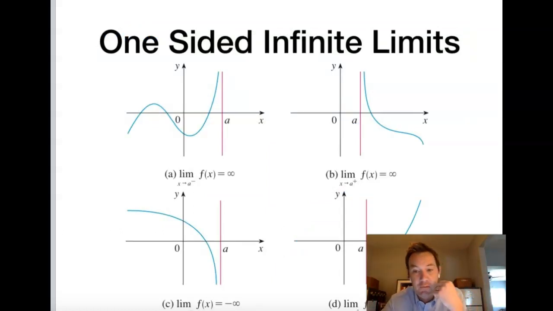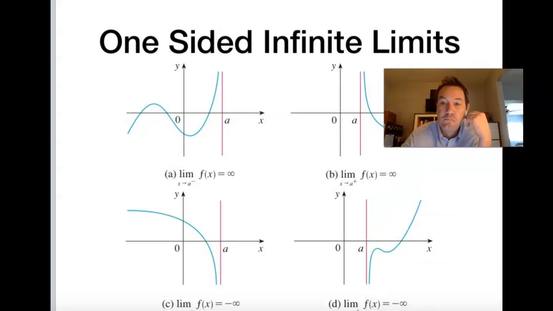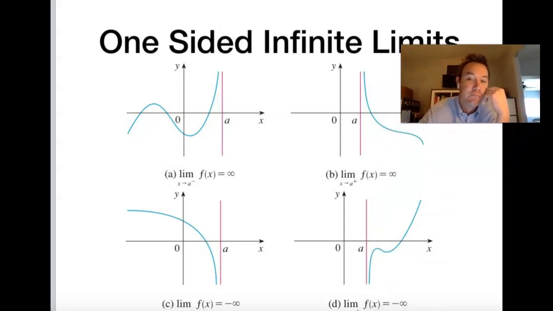But we can also define one-sided limits for this situation. So the limit of f of x as x approaches a from the left equals infinity would just be that the function is only defined on this one side of a. And as we get close to a from the left, our y values get infinitely large.